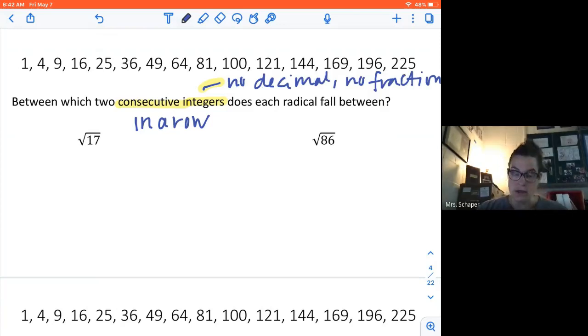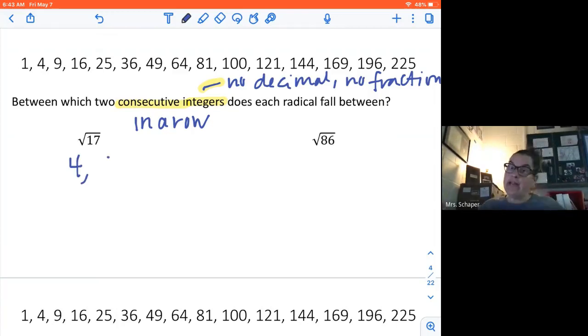If I've got the square root of 17, it's going to fall between 4 and the next one, 5.